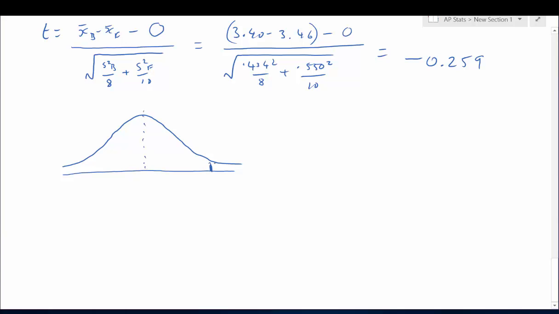So 2.12 up at the right tail and minus 2.12 down at the left tail, and our test statistic is here, minus 0.259, clearly in the main body of the curve, clearly nowhere near the critical values, and therefore there is insufficient evidence to reject H0.